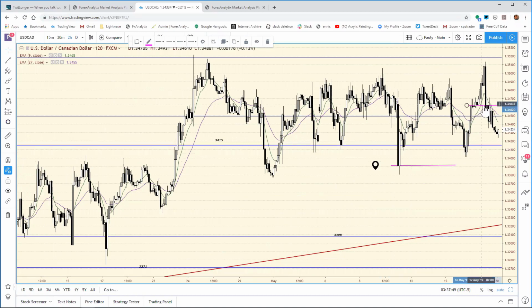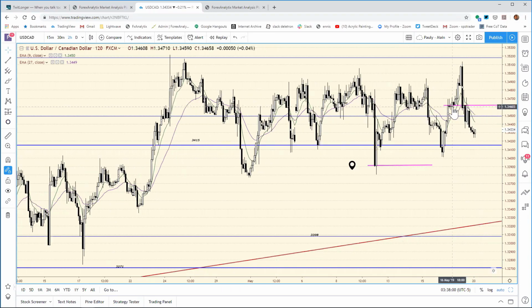For right now, we're going to keep it. I think he's going to have a tough time right in there. 34.70.